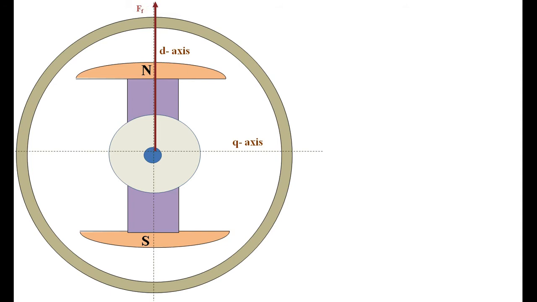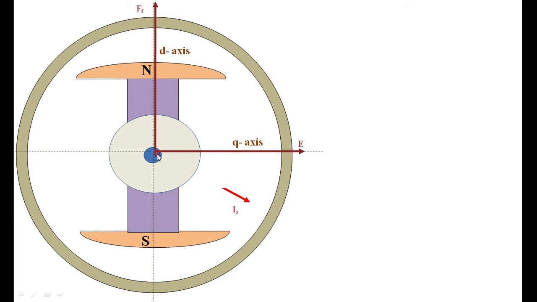That we are also aware of. That is, the induced voltage always lags the flux by an angle of 90 degrees. Here it is the main flux or MMF, and the corresponding induced voltage is lagging it by an angle of 90 degrees. What I mean is the generated voltage is all along the q axis. Then I am connecting the alternator to a lagging load, which means the current delivered to the load is lagging in nature.